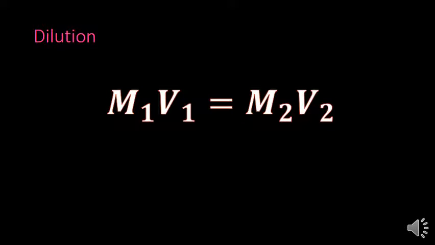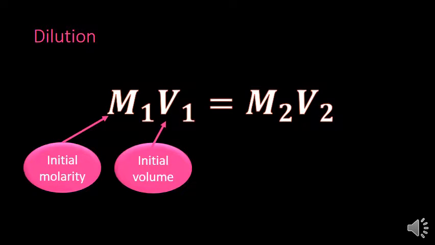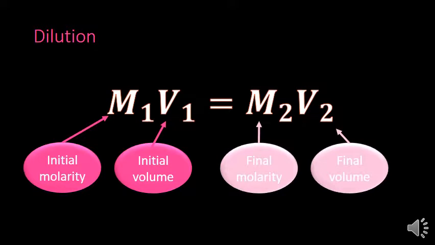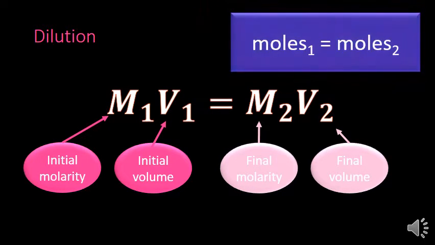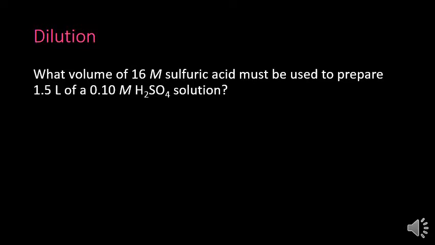So we can use a dilution formula, where M1 is your initial molarity, V1 is your initial volume, and M2 and V2 are your final molarity and final volume. I'll do more of these in class, but this is an example of what we might be doing.